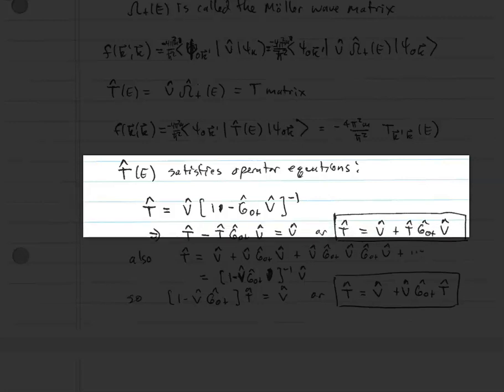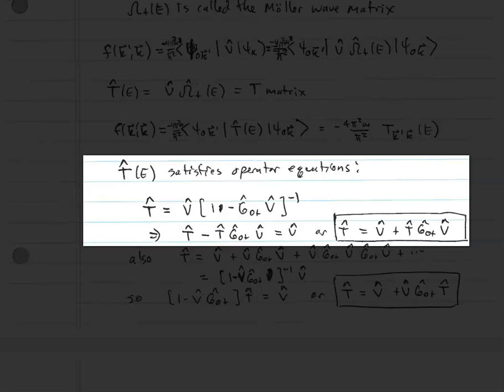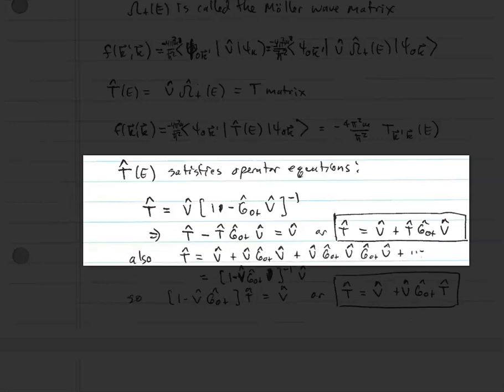We now can multiply both sides on the right by 1 minus G0 plus V, and we'll get T minus T G0 plus V is equal to V. And then I can just rearrange that to T equals V plus T G0 plus V hat. Another way of doing it is we just expand that geometric series. We'll get T is equal to V plus V G0 plus V plus V G0 plus V G0 plus V, and so forth.